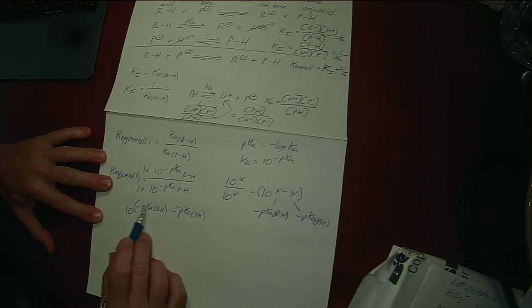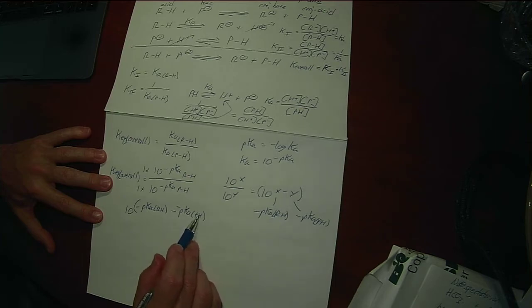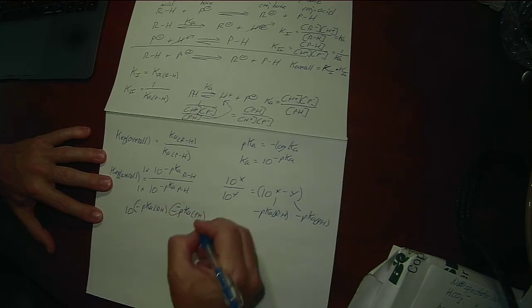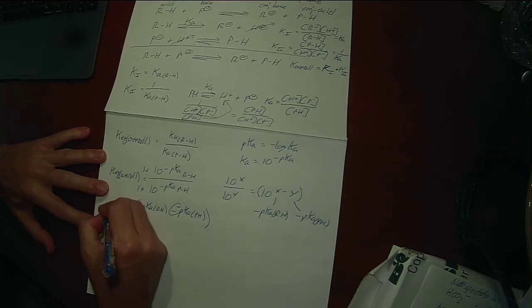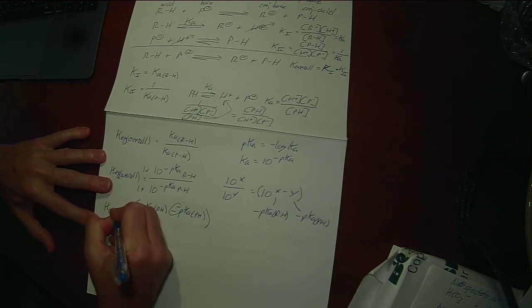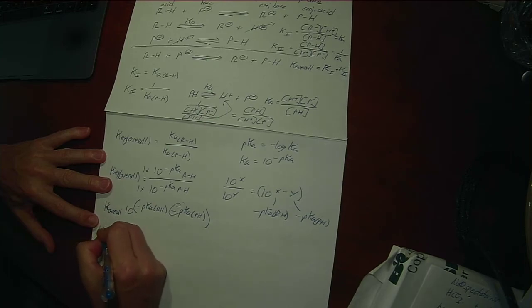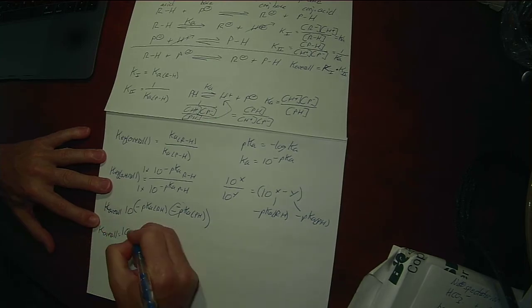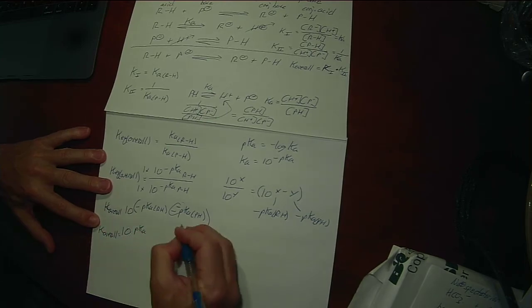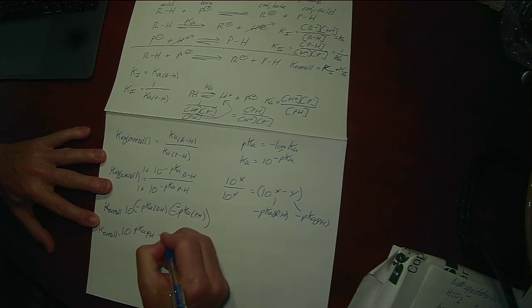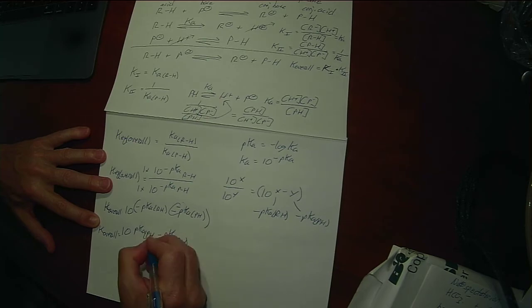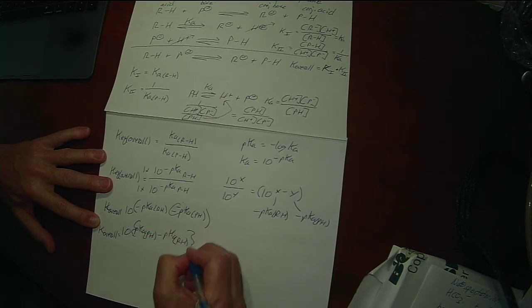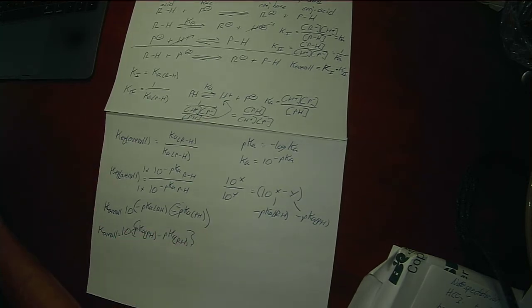Those cancel, so we end up flipping that to positive, so that K overall, sorry, my H's and my K's look the same, is 10 to the pKa of the product acid minus pKa of the reactant acid. So that's where that equation comes from, if you work with generic values instead of putting in the numbers.